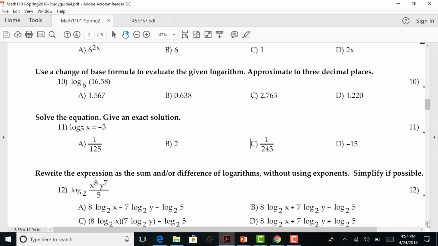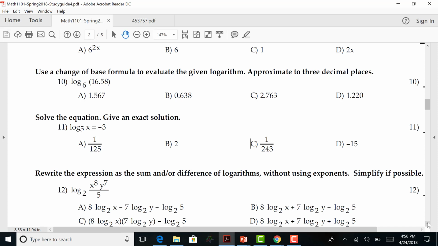You okay so far? What did I just do? You added. Turned multiplication to addition. Alrighty. The division sign. What does division turn to? Subtraction. There's my subtraction sign. So I got to subtract log base 2 of 5.